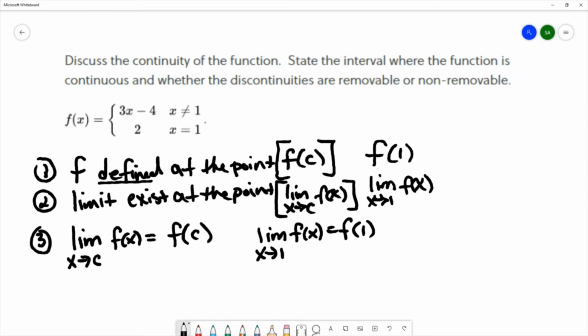So we'll start with f being defined at 1. So f of 1, we're supposed to use the second equation when x equals 1. So that means f of 1 is 2. So the function is defined at x equals 1. Then we need to see if the limit exists. Now, usually with these piecewise functions, it's really helpful to look at the one-sided limits to figure out the overall limit.